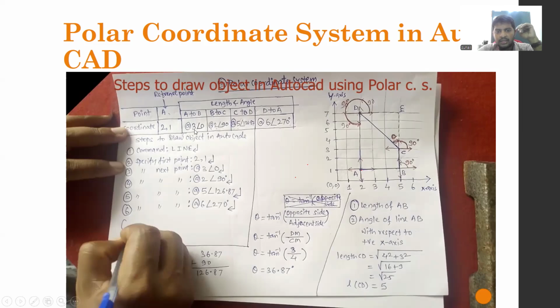So you write at, and next you have to write a length. Here, at 3 less than 0. This is the format of writing a line. So first you have to write L, enter. Then you have to mark the first coordinate.